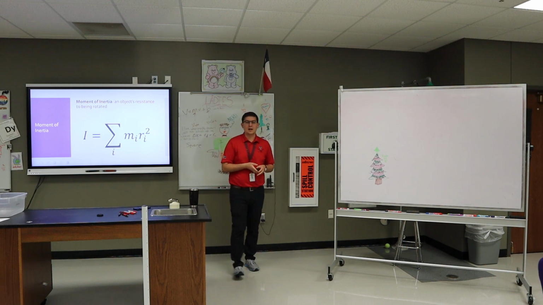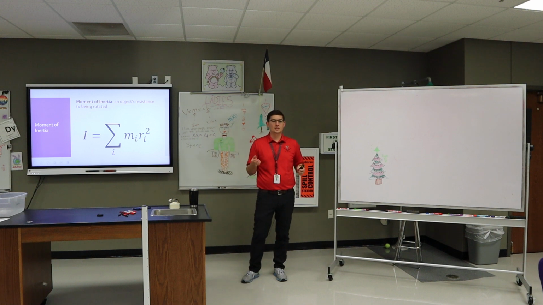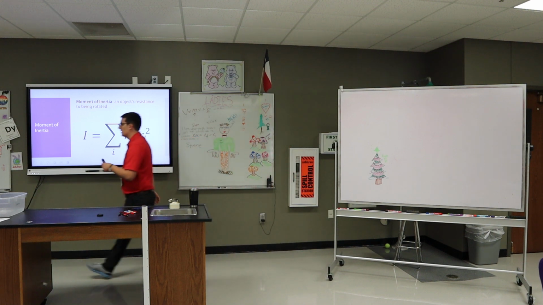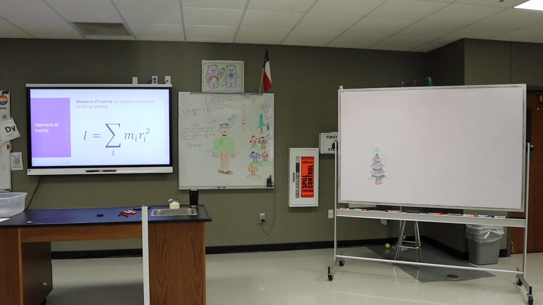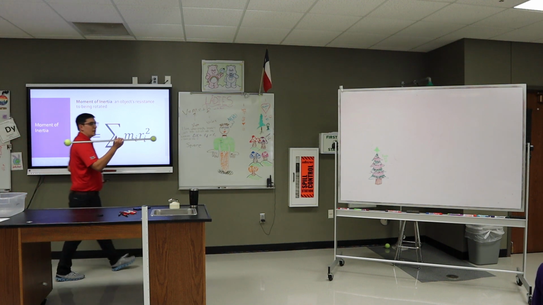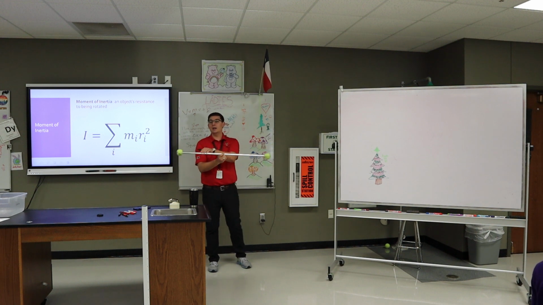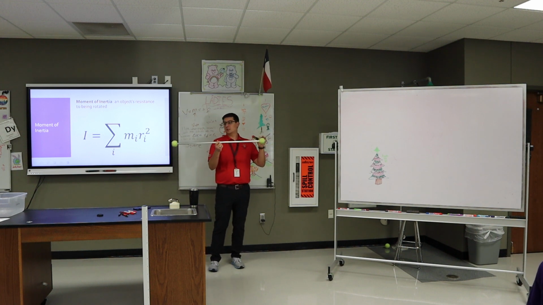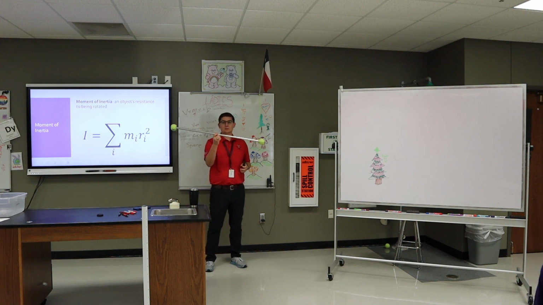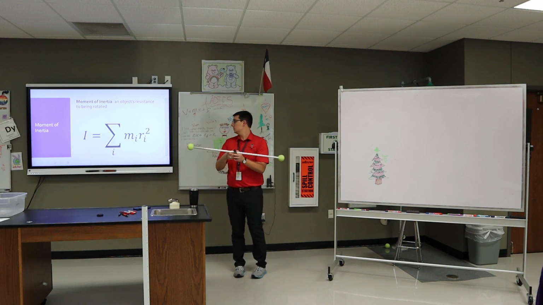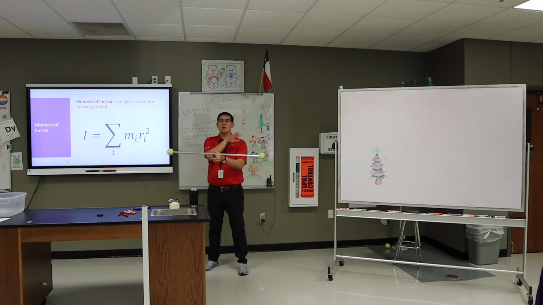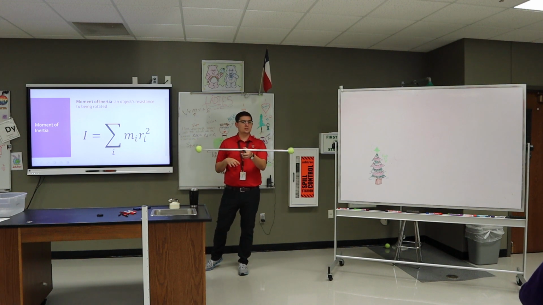So for example, you'll see questions like this. This is a good example actually. If I pretend that the rod is massless, but that the two balls at the end have mass, I could use this equation to find the moment of inertia of this system of objects.